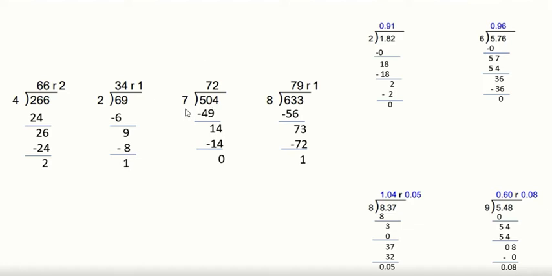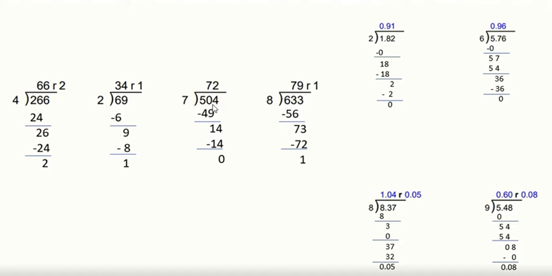Let's move on to another problem that doesn't have the same digits all the way across here. So this problem says 504 divided by 7 equals 72. So let's go through the problem and see how we got 72. Well, we can't get any multiples of 7 out of 5, so we already know that we have to use 50 instead.